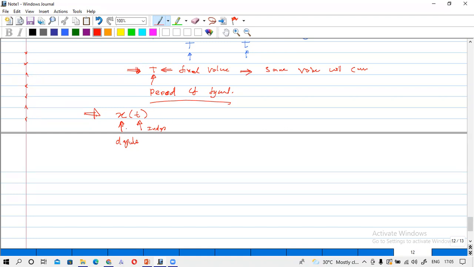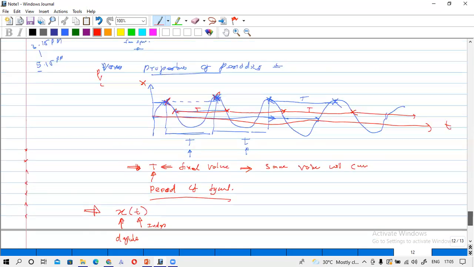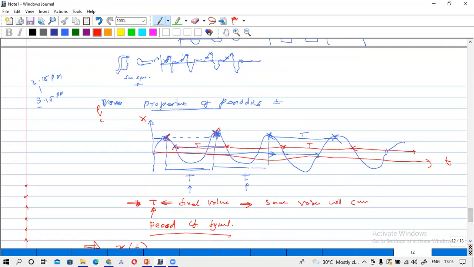So you can see that x is a dependent variable and t is an independent variable. This is the notation. This x(t) denotes the value, the voltage if x is a voltage.